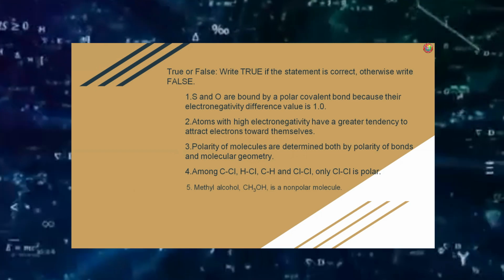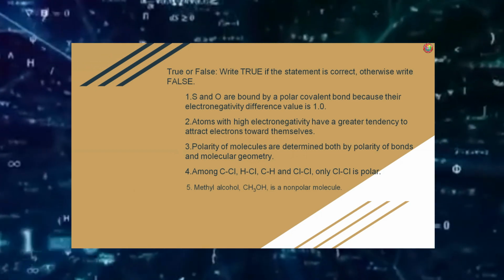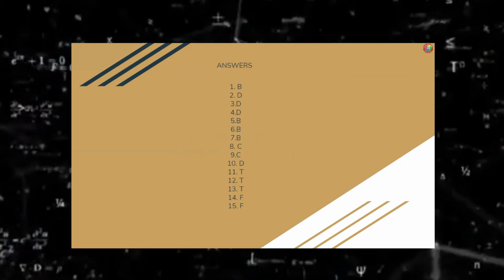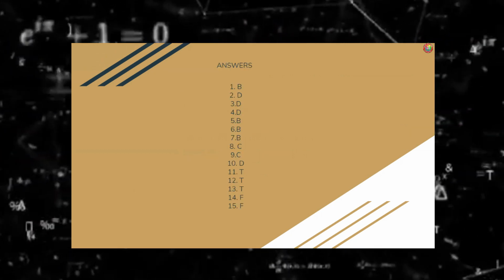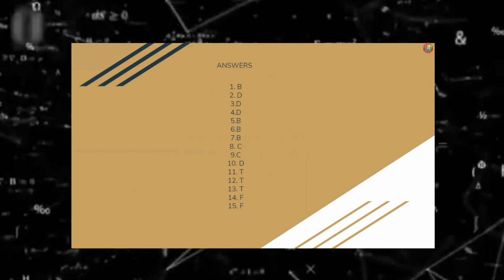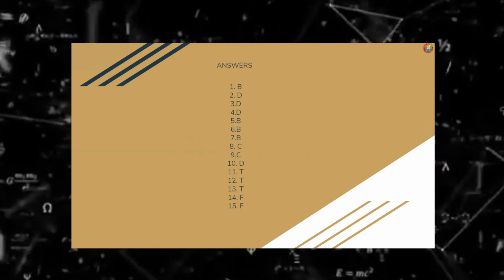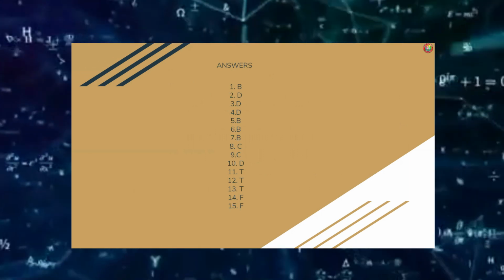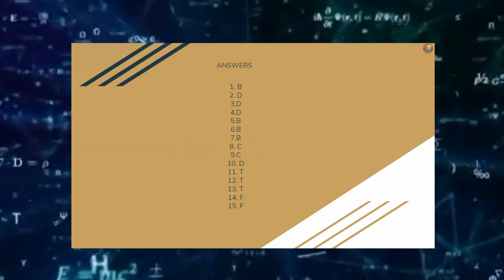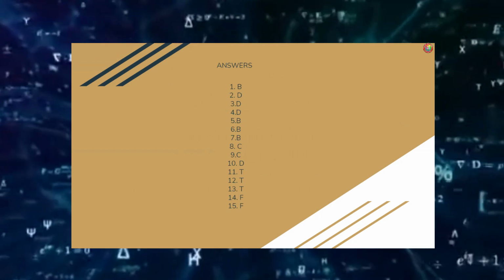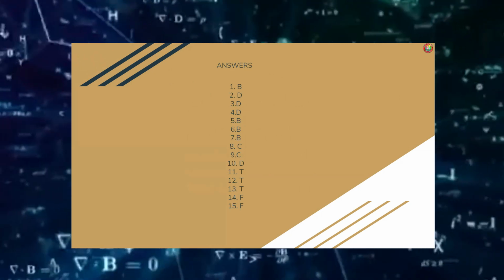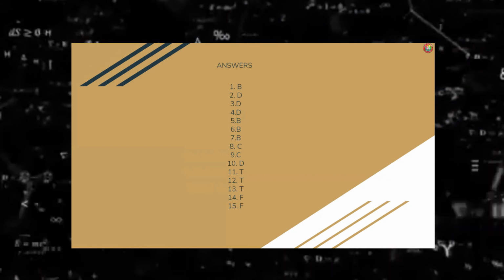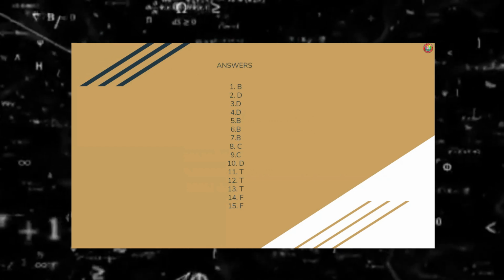Methyl alcohol is a nonpolar molecule. Now let us check your work. So the answer for number 1 is B, number 2 is D, number 3 is D, number 4 is D, number 5 is B, number 6 is B, number 7 is B, number 8 is C, 9 C, 10 D, 11 true, or number 1, 12 true, 13 true, 14 false, and 15 false.